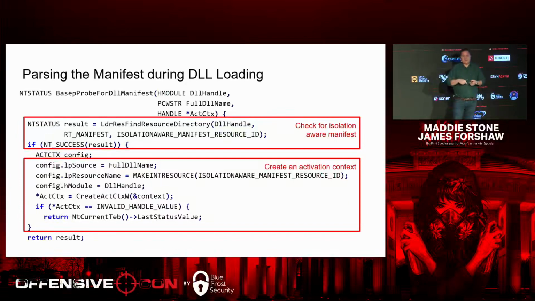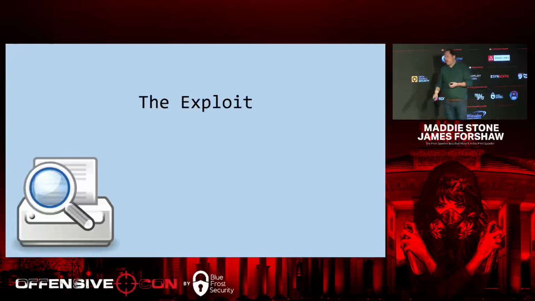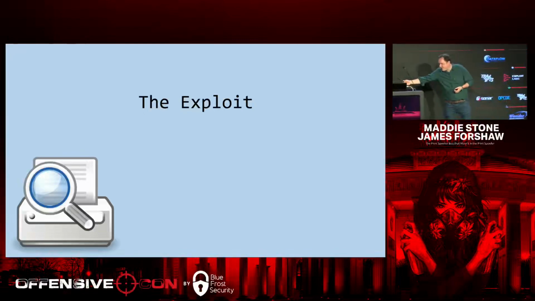And if that resource ID, which is the isolation-aware manifest resource ID, which I think resolves to number 2, exists, then during the DLL loading process it will create the activation context, and then use that to resolve imports for that library during initialization. So it seems likely that that might be what this in-the-wild exploit was using. So let me hand back to Maddie to talk more about that.